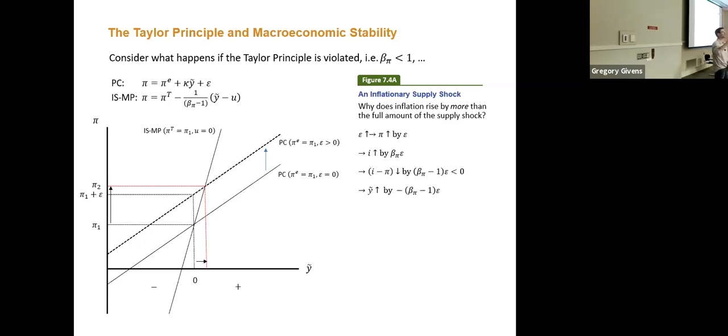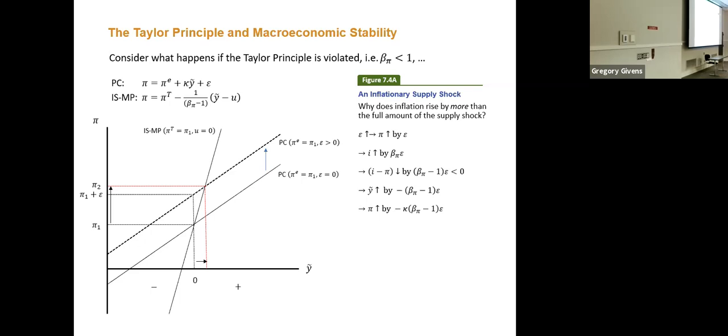And so the output gap rises in response to this lower real interest rate. Unfortunately, what happens to inflation if the output gap starts to go up? We'll go back to the Phillips curve. Actual inflation is going to rise by kappa times the increase in the output gap.